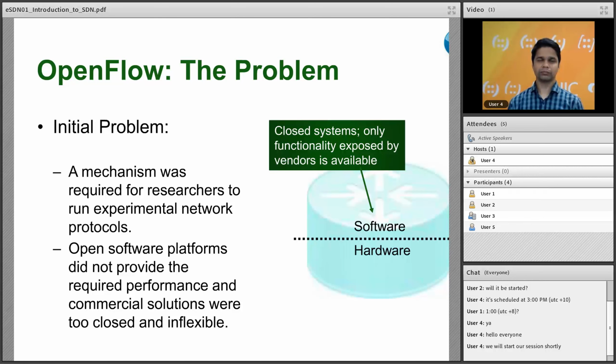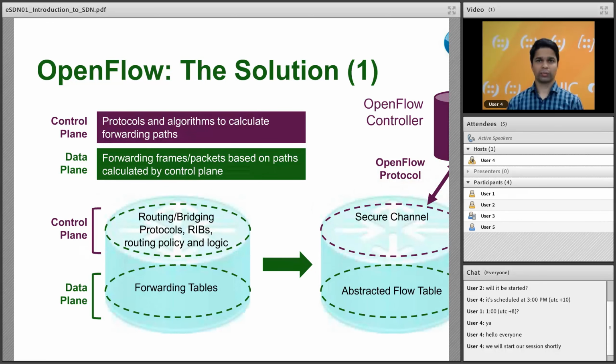So, given the above constraints, how do we come up with a solution that would allow users of commercial-grade routers and switches to influence packet switching and forwarding behavior in ways which are not natively supported by the platform? That's one of the problems we tried to solve with OpenFlow.